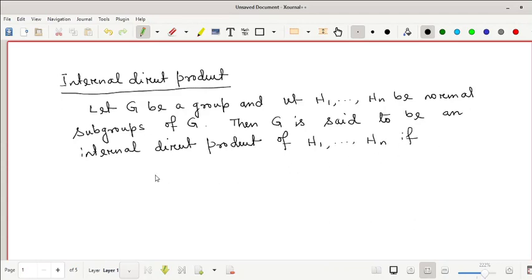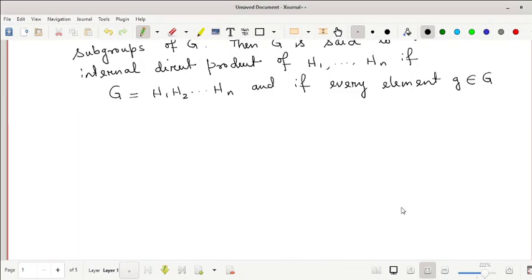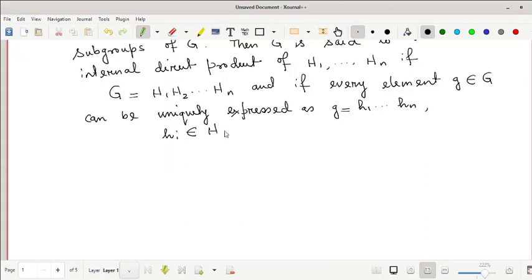if G equals H1 H2 ... Hn, and if every element g belonging to G can be uniquely expressed as g equal to h1 h2 ... hn, where hi belongs to capital Hi for all i goes from 1 to n.